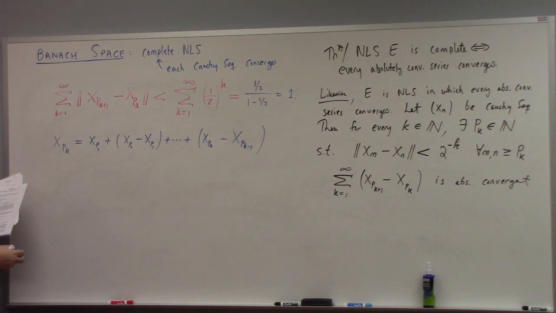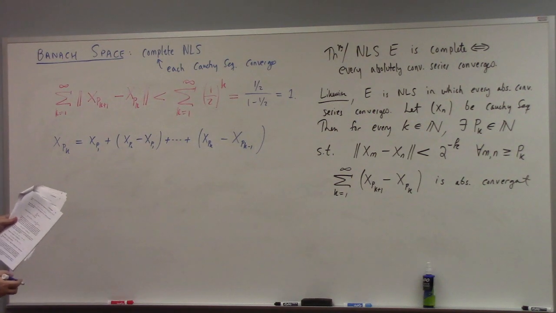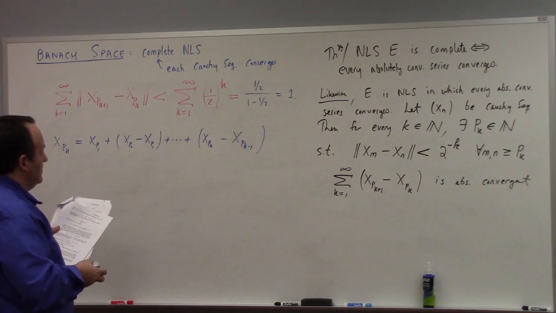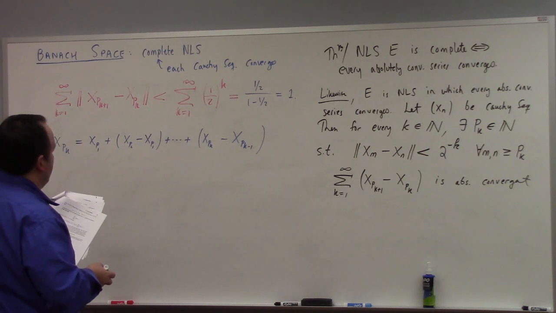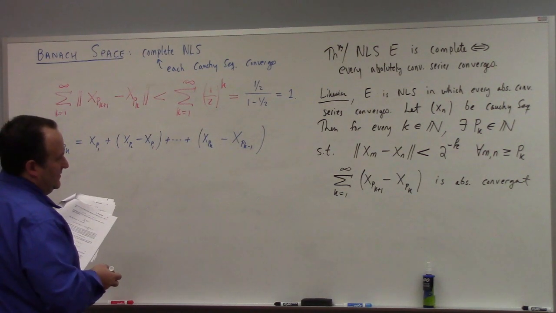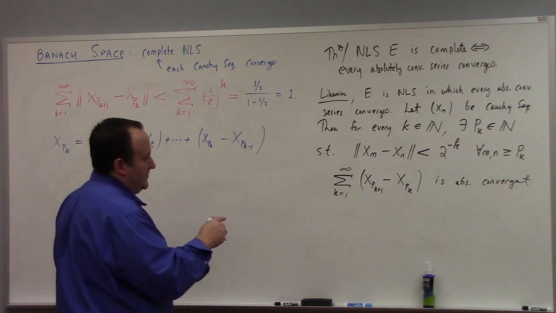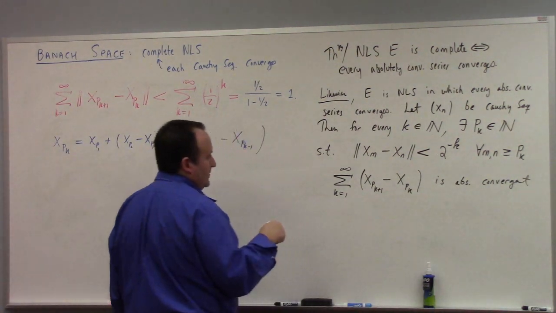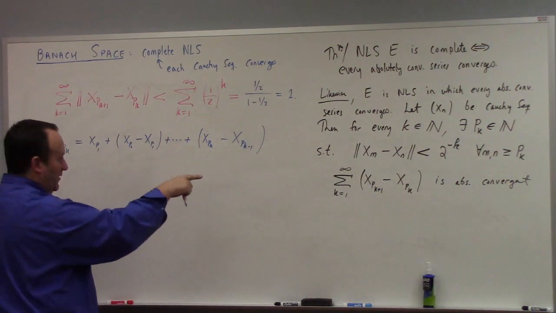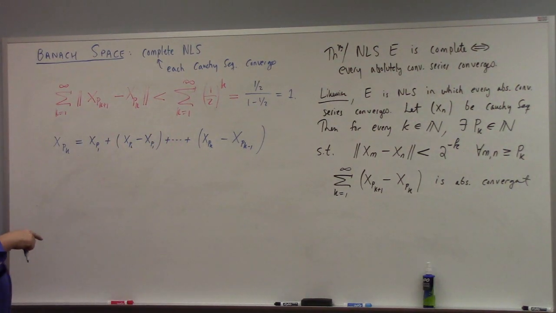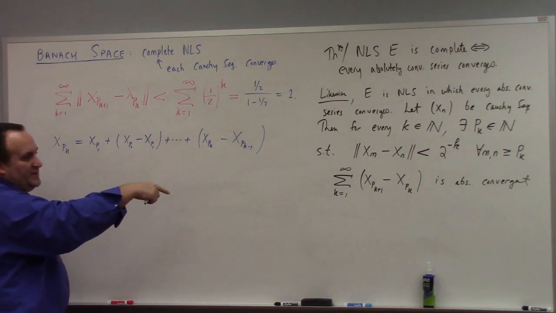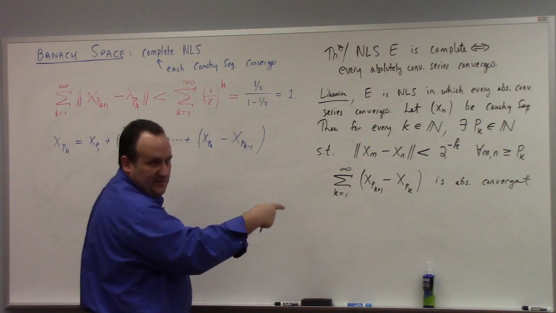I think all he did was add one thing to the sum of differences. We have the convergence of the sum of differences, and he just added one thing to it, so it's still convergent. The sum of the differences is absolutely convergent, hence convergent.